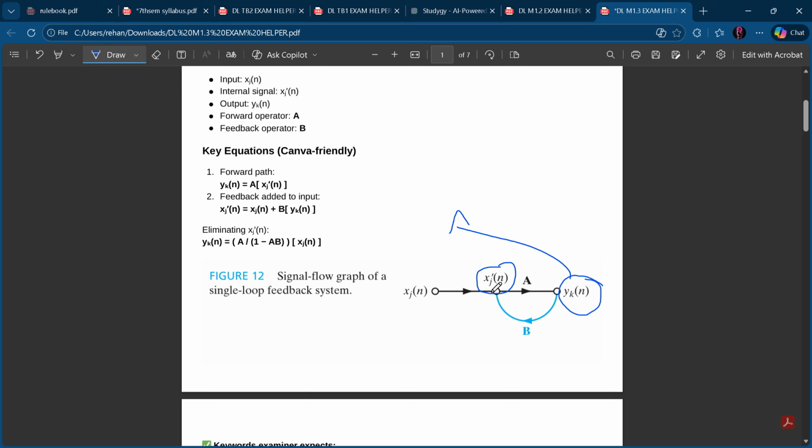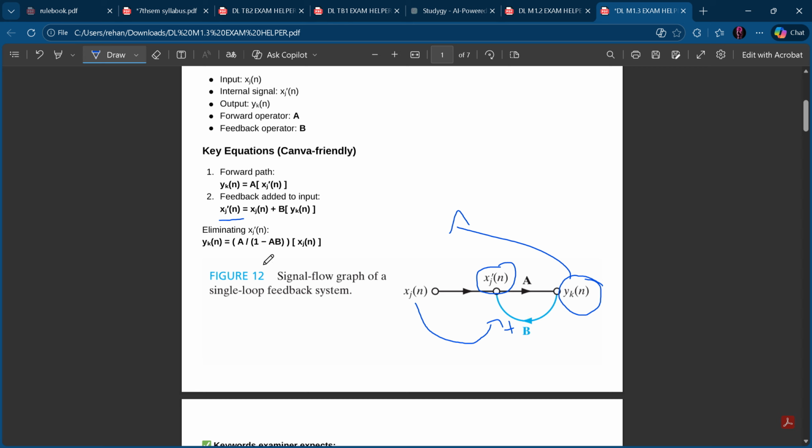You just have to add: A into this will be multiplied, plus B into yk of n gives us xj of n. What is xj of n? That is an internal signal. So the internal signal is equal to nothing but the sum of input and feedback output. That's it. Then you have eliminating xj of n.